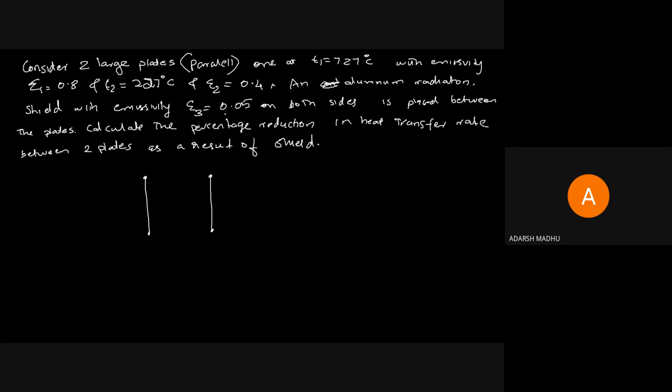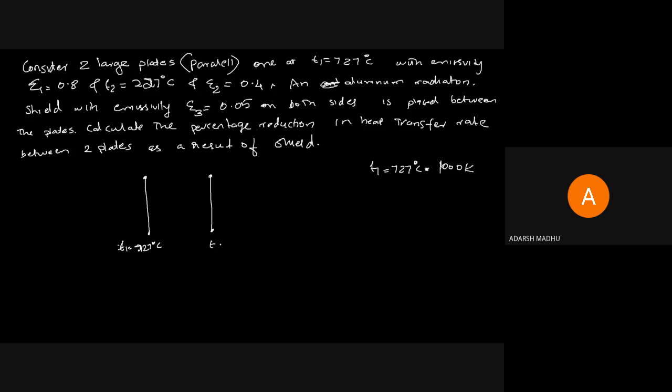One at T1 equal to 727 degrees Celsius. So convert into Kelvin. T1 equal to 727 degrees Celsius to Kelvin equal to 1000 Kelvin.